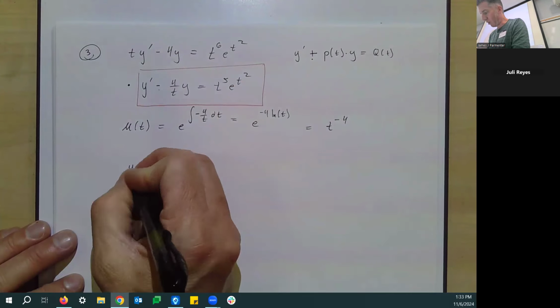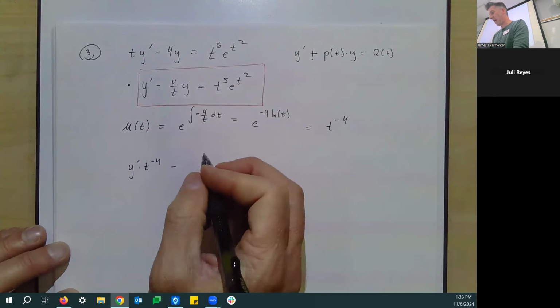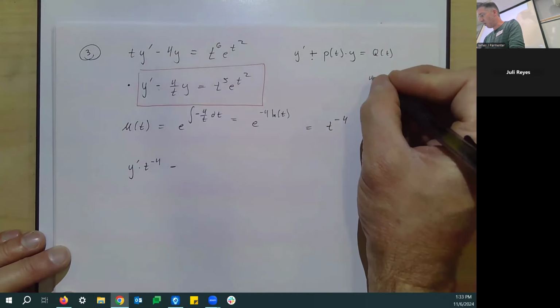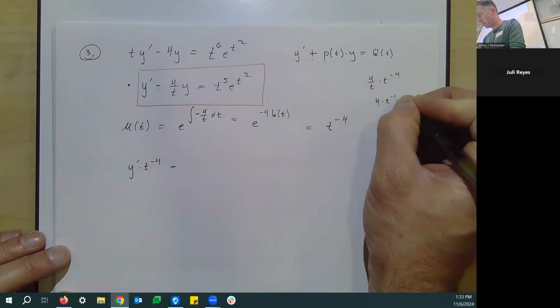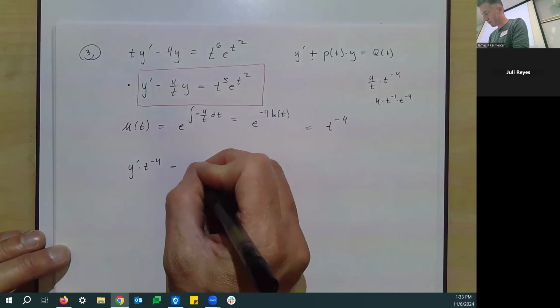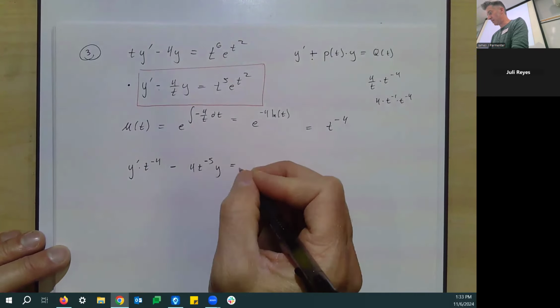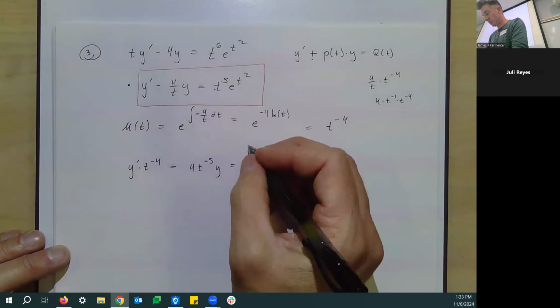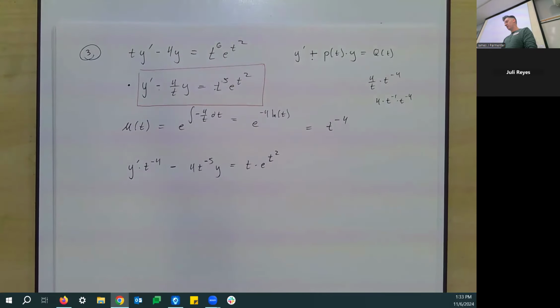So I'm going to get y prime times t to the negative 4 minus, I am going to simplify this, 4 over t times t to the negative 4 is 4 times t to the negative 1 times t to the negative 4, which is 4 times t to the negative 5th, times y equals t to the negative 4th times t to the 5th, which is just t times t squared, t to the t squared.